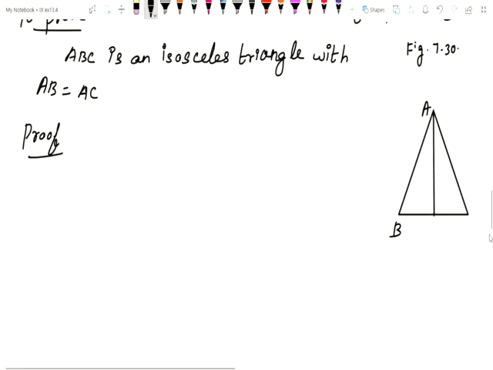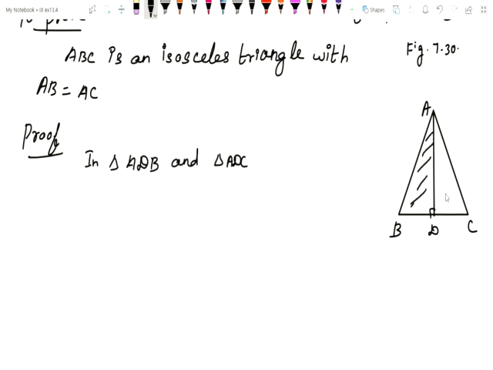A, B, C, D. First, in triangle ADB and triangle ADC. ADB, this part, and this triangle ADC. These two triangles I am going to take. First, I am going to prove these two triangles are congruent.